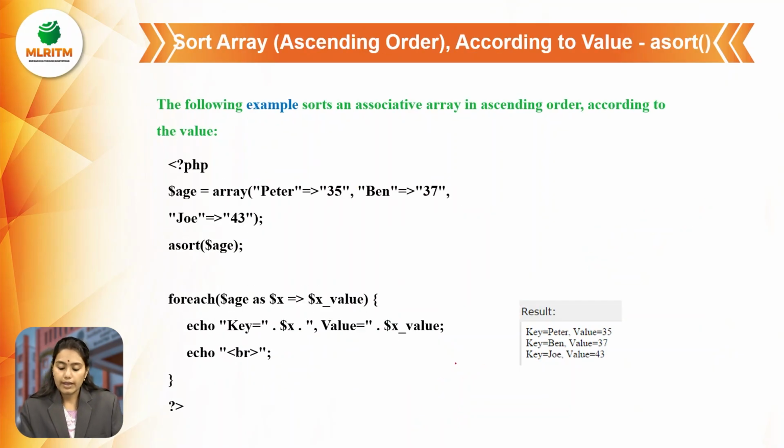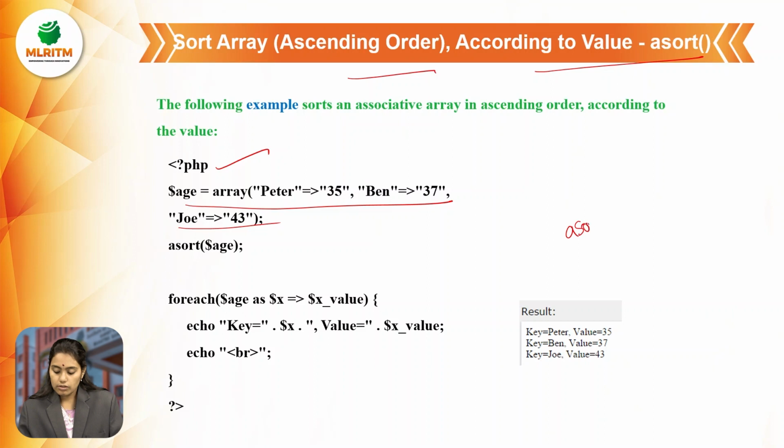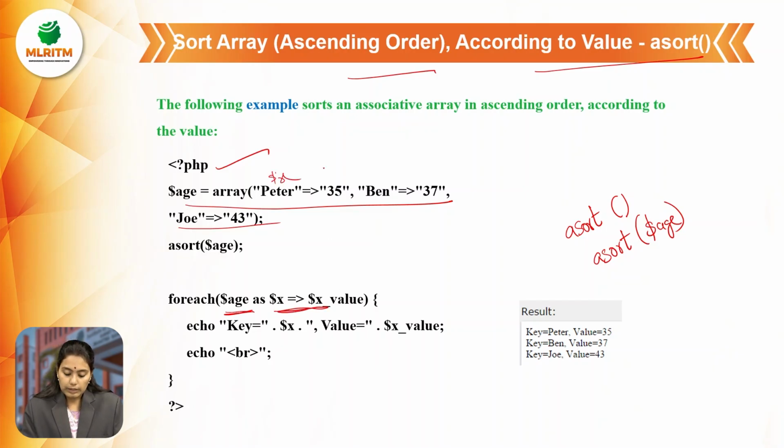Next, coming to sort array in ascending order according to the value, that is asort. With the example, let's see. We are declaring the PHP and we are declaring the array with 3 members. We are using the asort function on $age. Here we are creating foreach of $age as $x implies $x value. Now echo key equal to, what is the key?